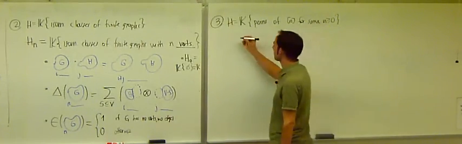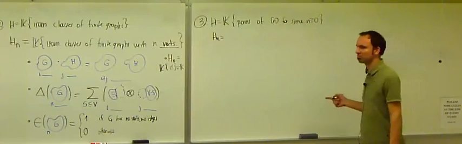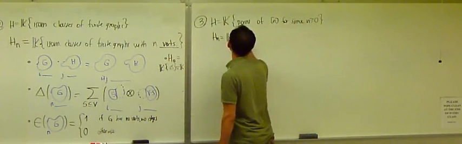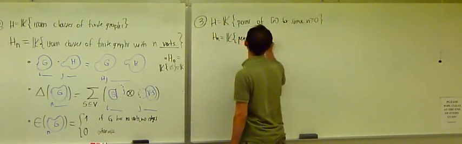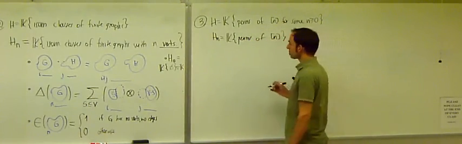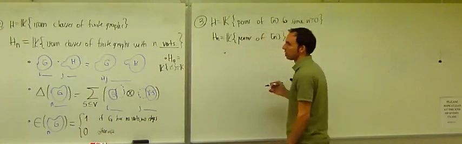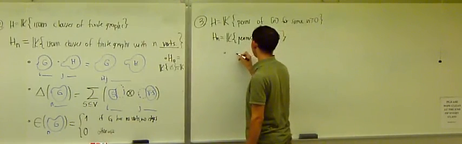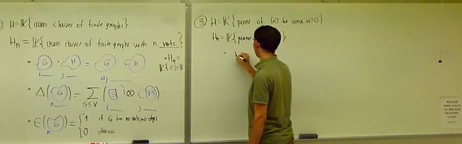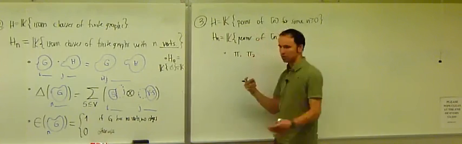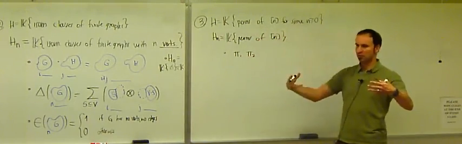Well, before that, what is H_n? What should we call the degree of a permutation? The most obvious thing is the number of elements, right? So let's see if this is a grading, permutations of n. Now if you take pi 1 and pi 2, so these are a permutation of n1 and a permutation of n2.